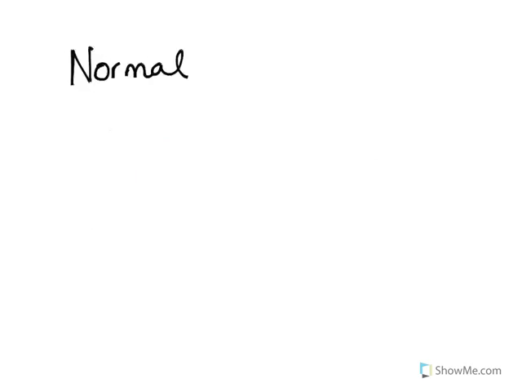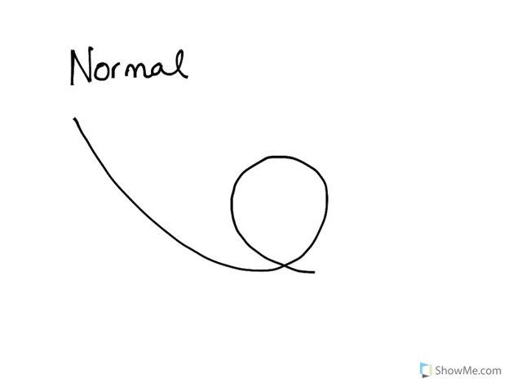A normal force is the one which is acting when there is a surface of contact. And for instance, if we have a loop in a ride, then the cart will start here and will be doing all this motion, and at any given point, for instance, in the top part of the loop, there will be a normal which is perpendicular to the surface of contact, and in this case the normal is acting as a centripetal force, which means no normal force will actually lead to a lack of circular motion.